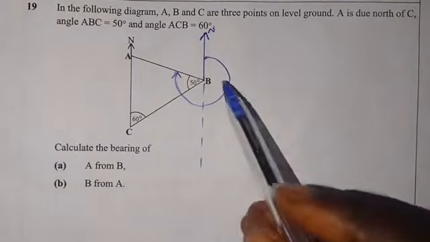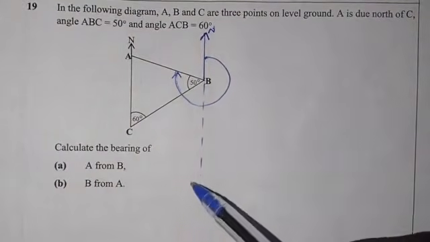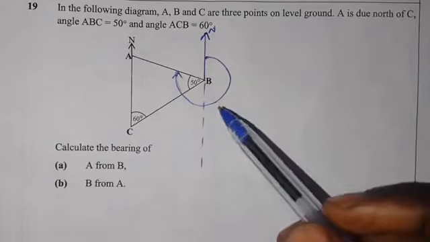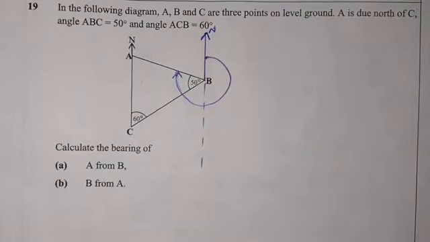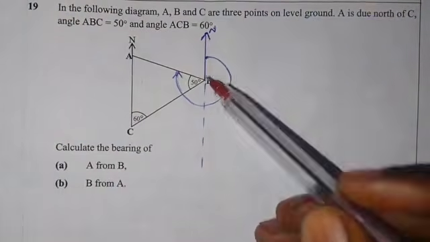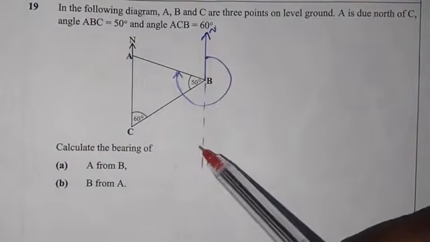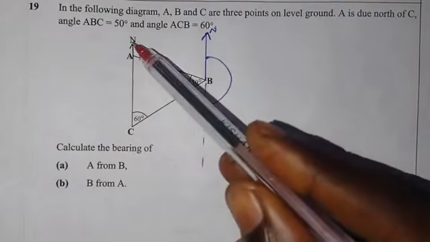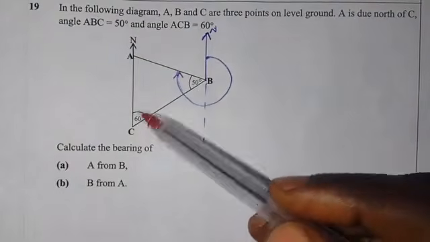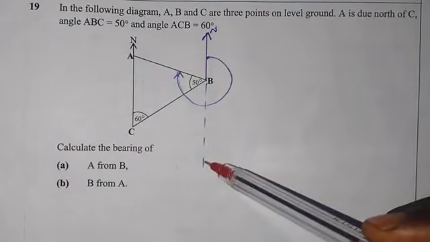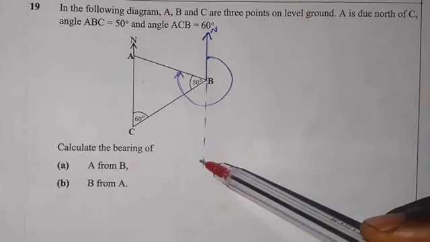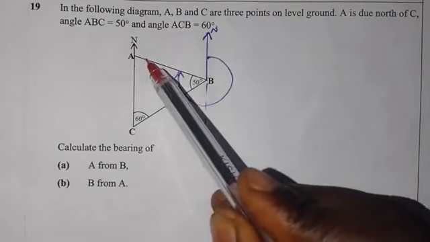So how can we find this entire angle right here? To find this entire angle, there's something that I want you to observe. For this question, there are a lot of methods that you can use to find this bearing. Because we already have this north here, we can find the angle for A here.